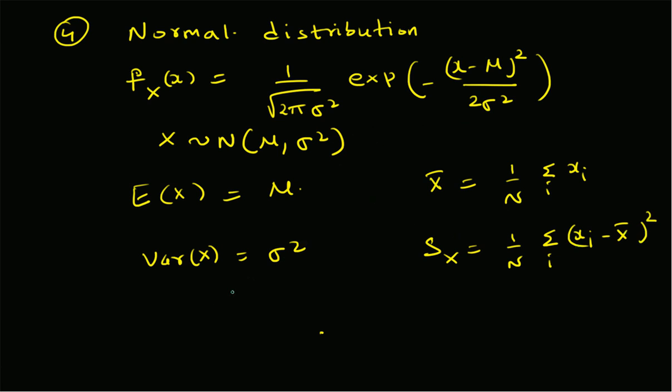Therefore by the moment method the estimate of the parameter mu, that is mu hat, is equal to x bar, the sample mean, and the estimate of the variance, that is sigma square hat, is given by the sample variance. So that is the straightforward application of the moment method for the normal distribution.